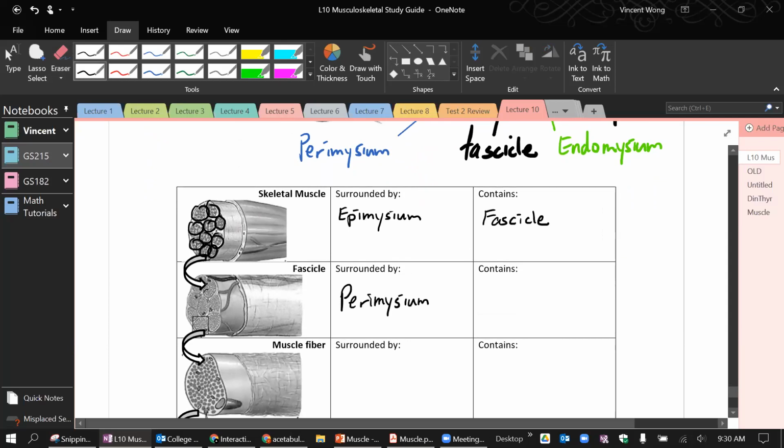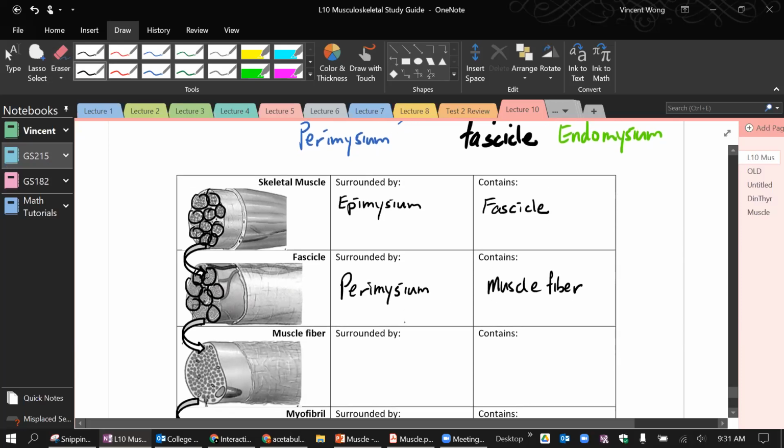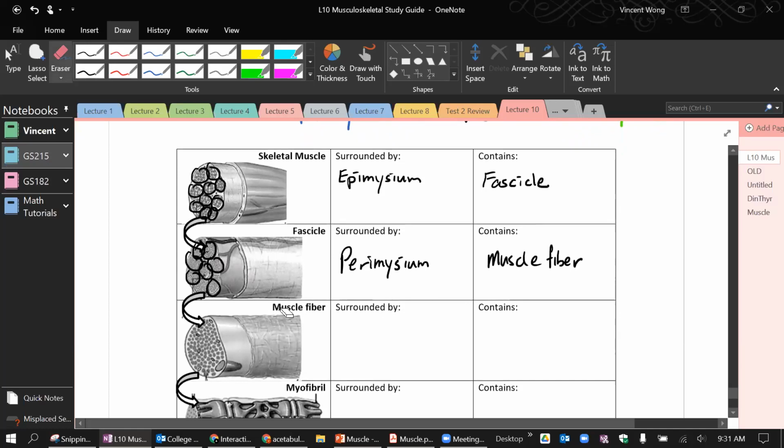And the perimysium contains these individual units. Each one of these is a muscle fiber, a muscle cell. The muscle fiber is surrounded by the endomysium, which contains myofibrils.